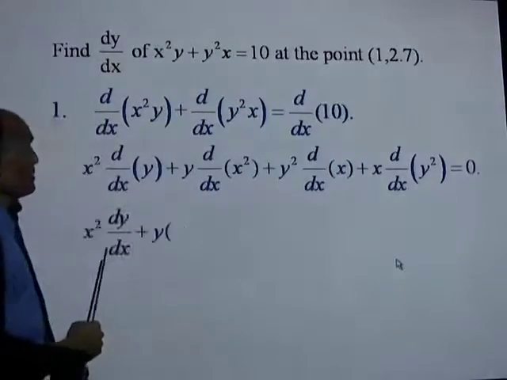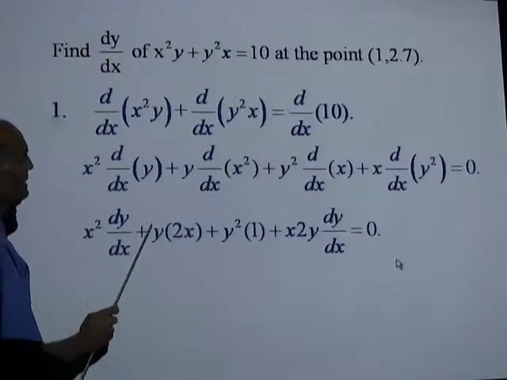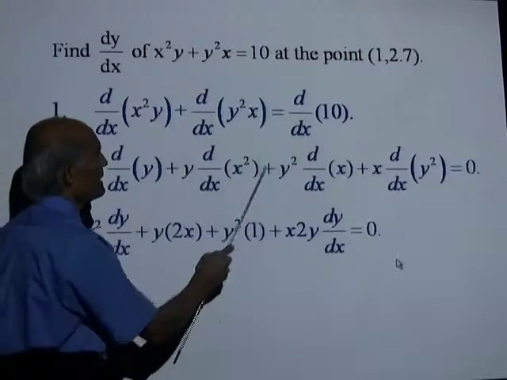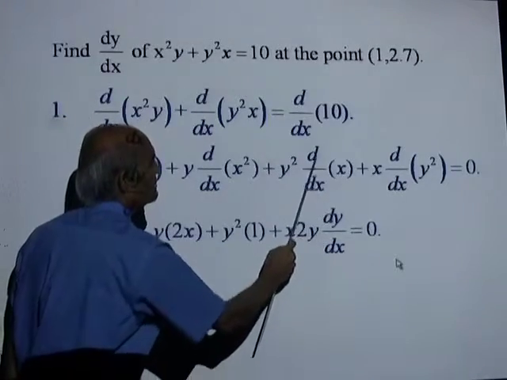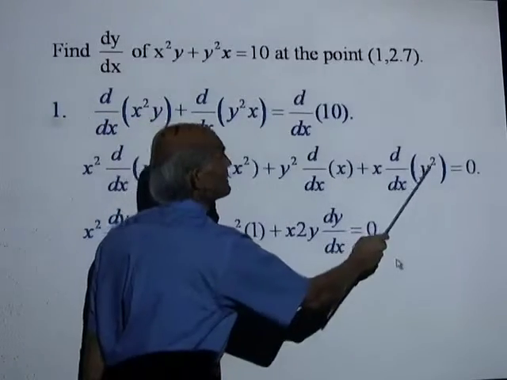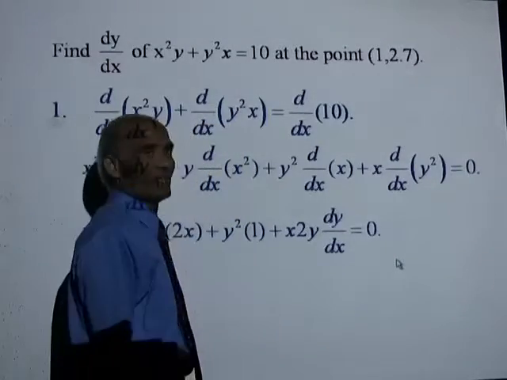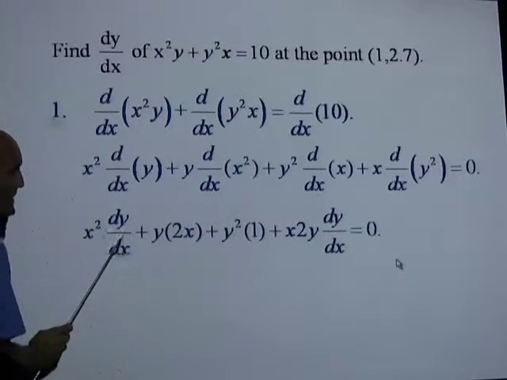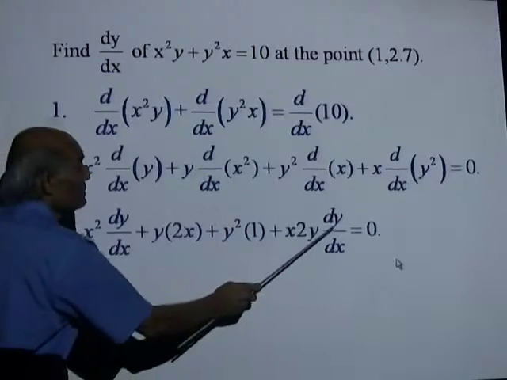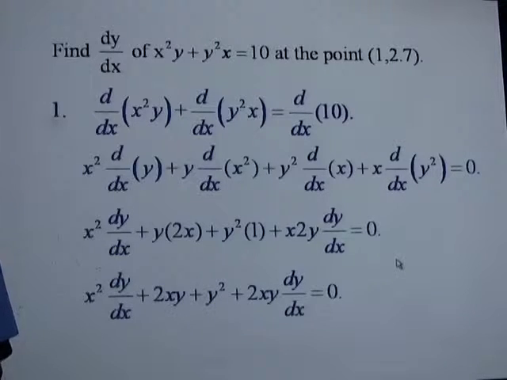Alright, let's replace all those in here. That will be x squared times dy by dx plus y times the derivative of x squared, which is 2x, plus y squared times 1, the derivative of x, plus x times the derivative of y squared, which is 2y dy by dx. You notice that there are two terms containing dy by dx. So we will leave those on the left hand side and take everything else on the right hand side.